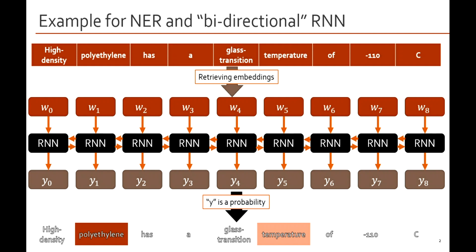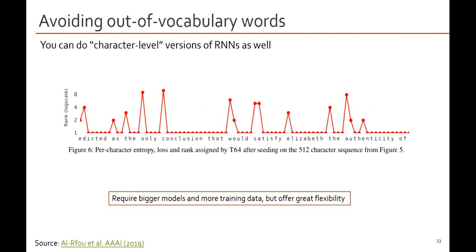And this is how many NER techniques work in the literature, using this notion of words go to embeddings, go to model, which produces probability. There are also a few other variants that are good to know about. There are also character level RNNs, which avoid this challenge of every word in your sentence must have been seen before in order for it to have a word embedding.